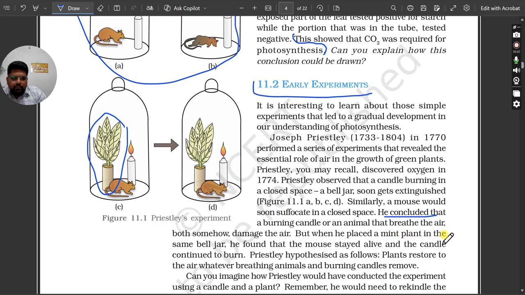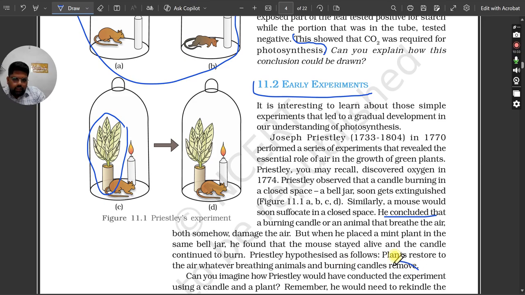But when a mint plant was placed inside the same bell jar, he found that the mouse stayed alive and the candle continued to burn. This is really exciting. The only difference is the mint plant. So Priestley's hypothesis was as follows: plants restore to the air whatever breathing animals and burning candles remove.